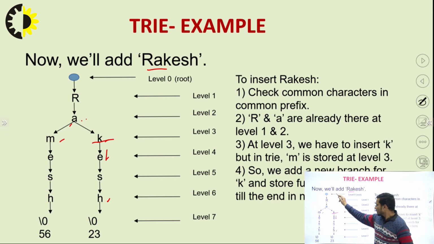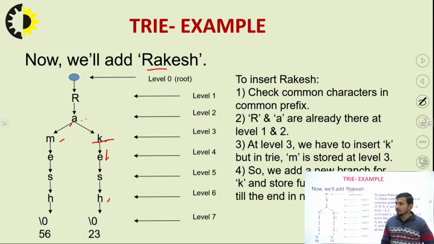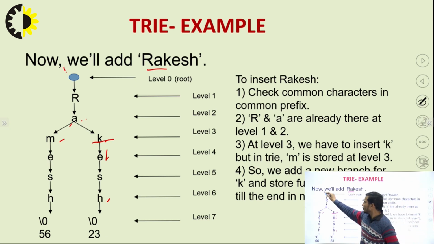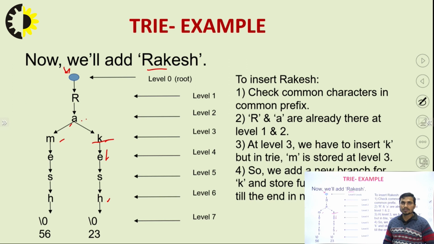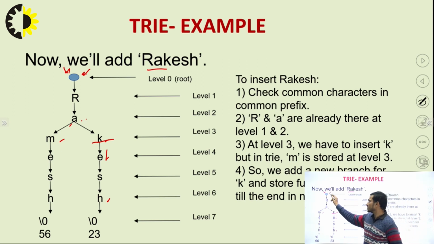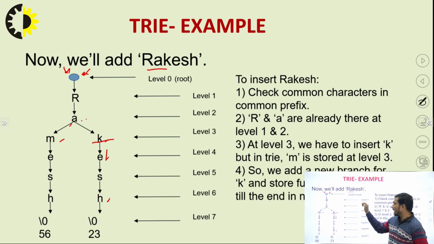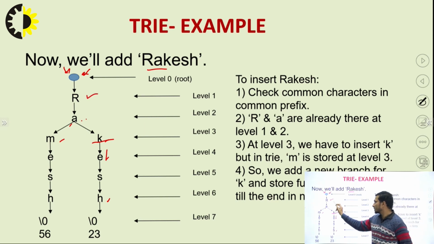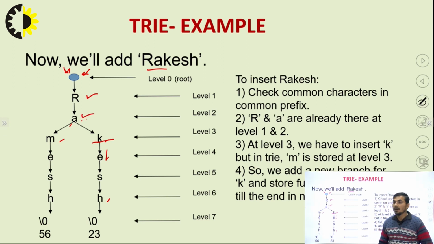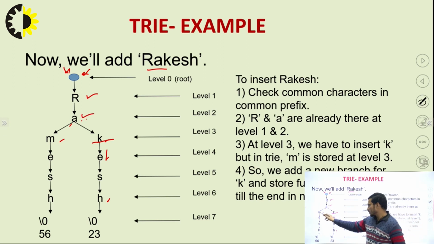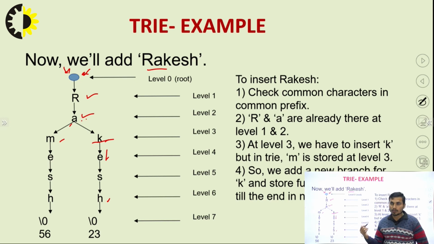If in this kind of implementation we are going to search for Ramesh, then we will start from this point, and if we are going to search for Rakesh, again we will start from this point. Since RA is common in both Ramesh and Rakesh, first we will go here, and then here, and after that it depends on whether we are searching for Ramesh or Rakesh.